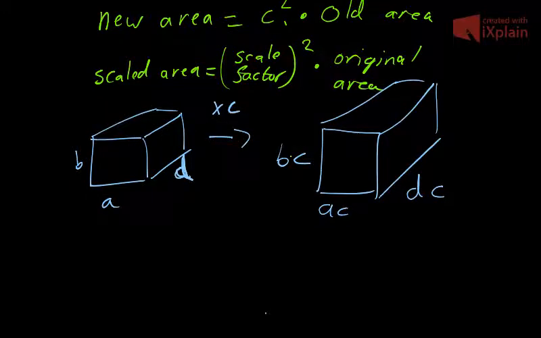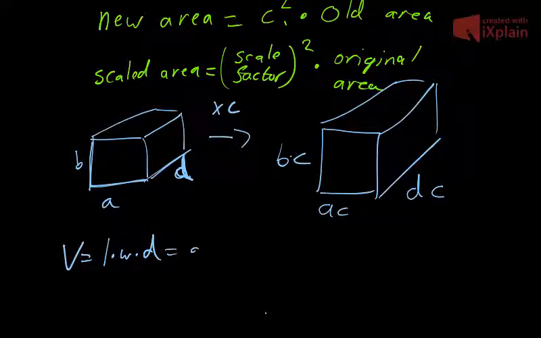So now I need to find the volume, which is going to be the length times width times depth, which for me is going to be A times B times D, ABD. And that is for my old prism.